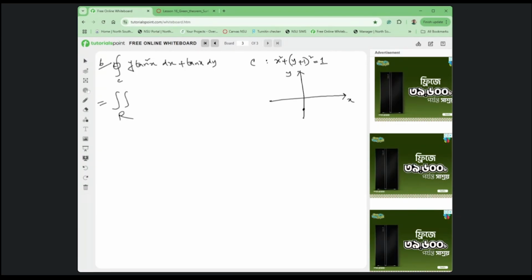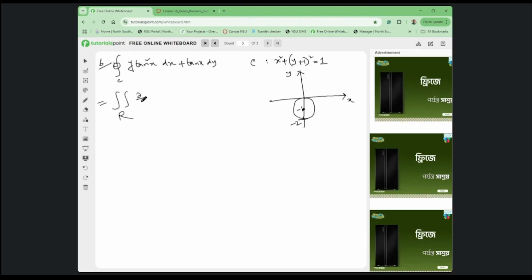So here we draw a circle. Okay, so this point is minus 2, sorry, minus 2. Here is minus 1.